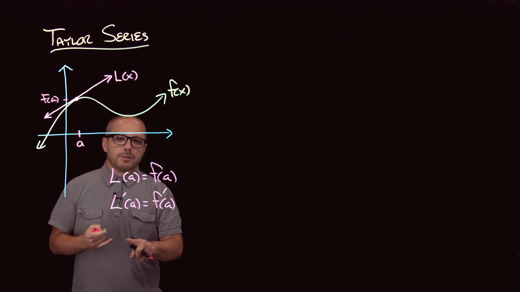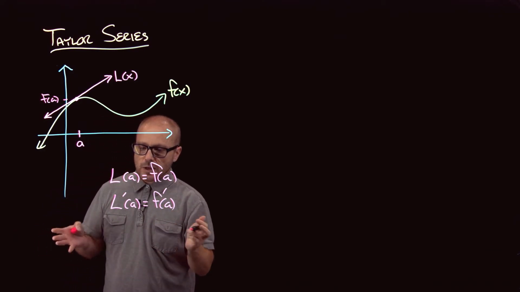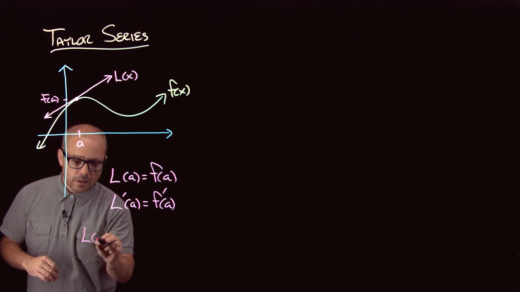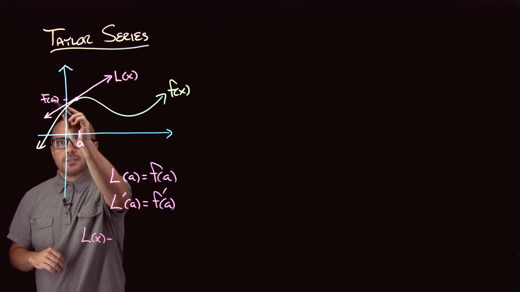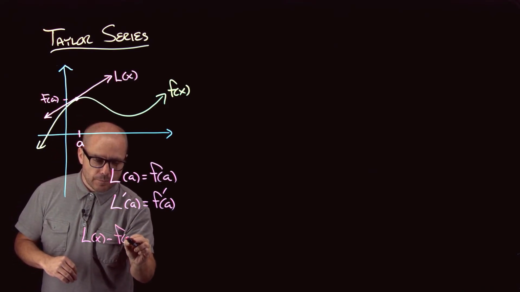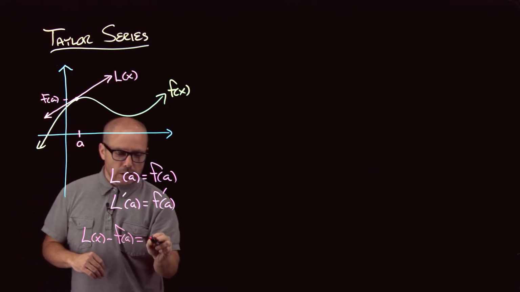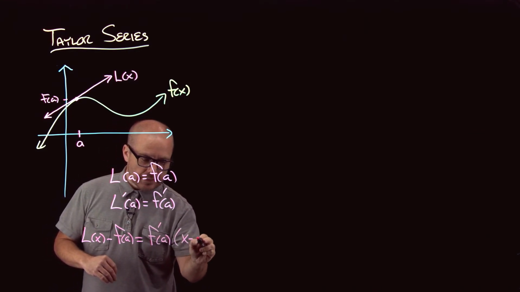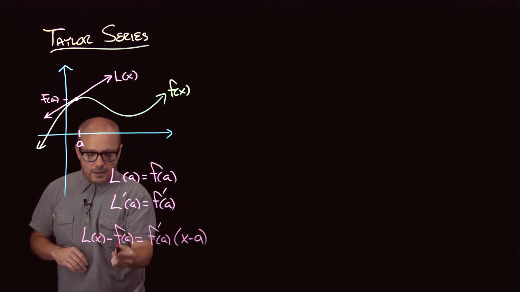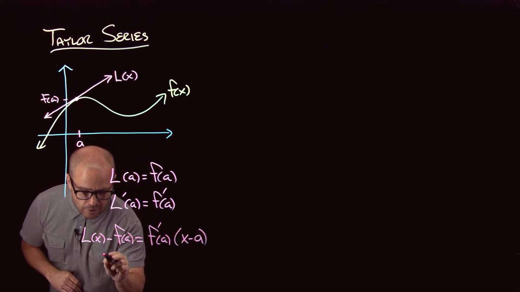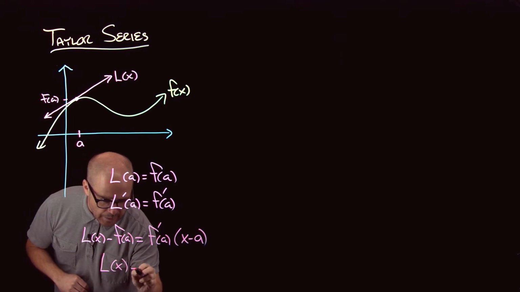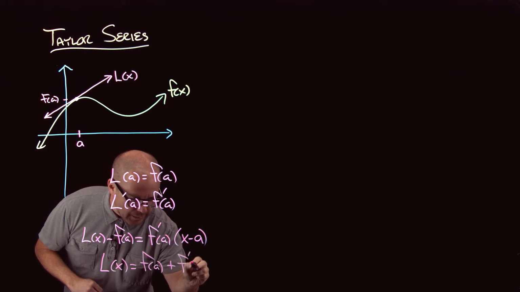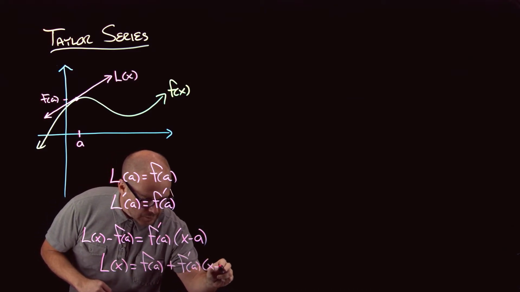And the slope needs to be f prime at A. So using our point slope equation, L of x minus the y value of that point should equal the slope, m, times x minus A. And if we add that to the other side, we have our linearization formula from Calc 1. F at A plus f prime at A, x minus A.